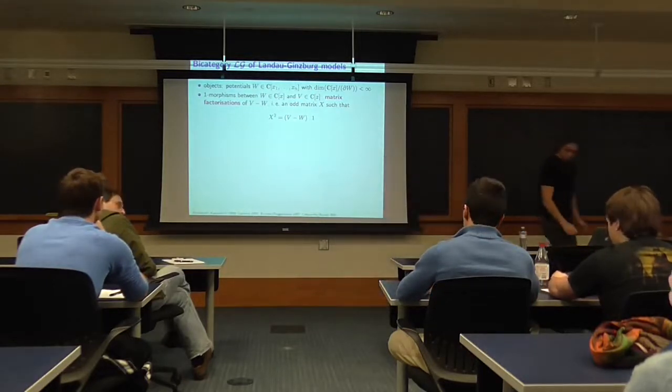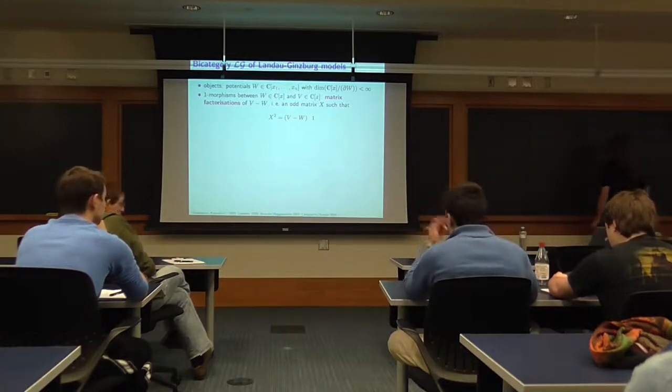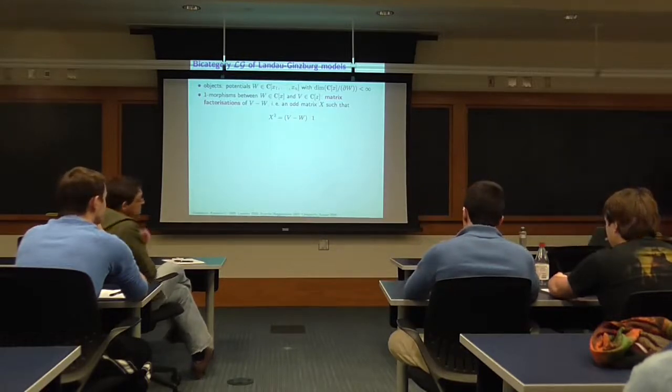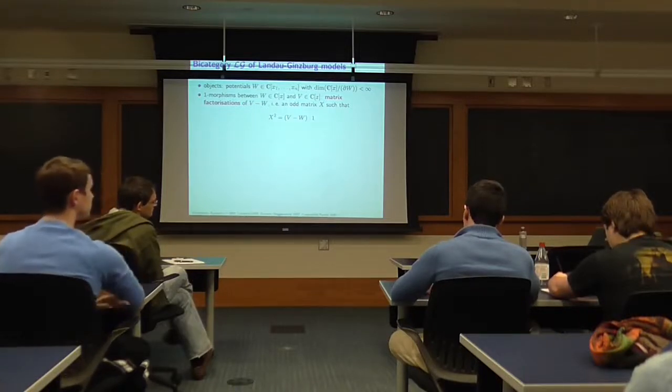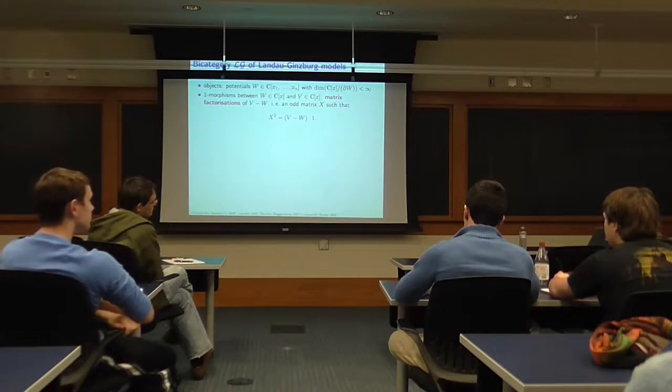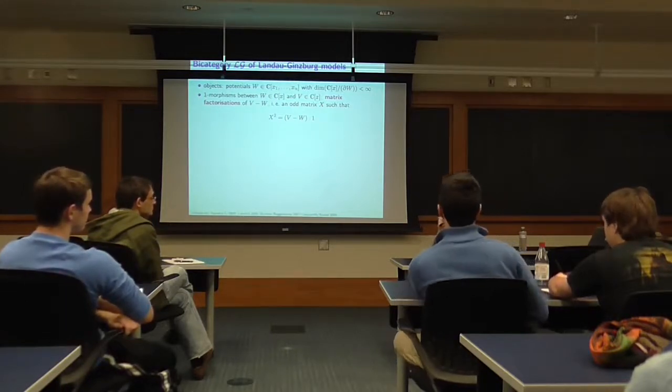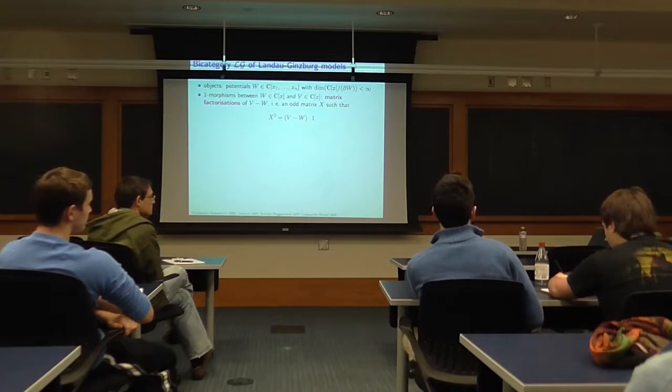So, an example, a very important example, so I'll put it in the corner over here. If you have the matrix with entries x^i and x^(d-i), that's an odd matrix. If you square this, you will find that this is equal to the 2 by 2 matrix, which is the identity matrix, times x^d.